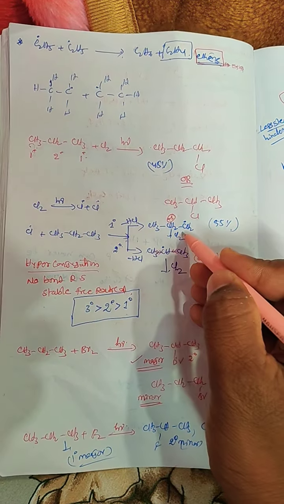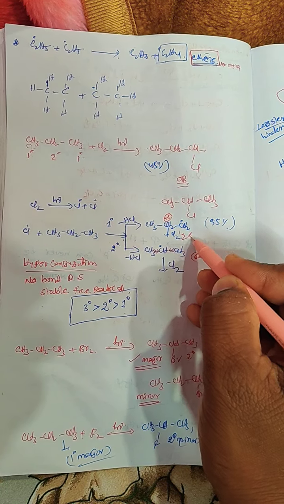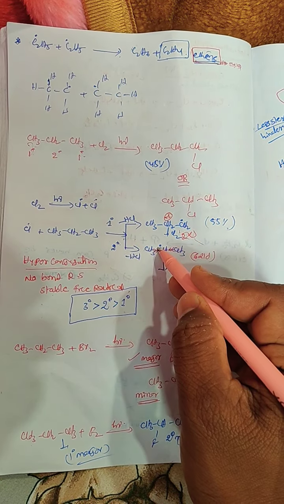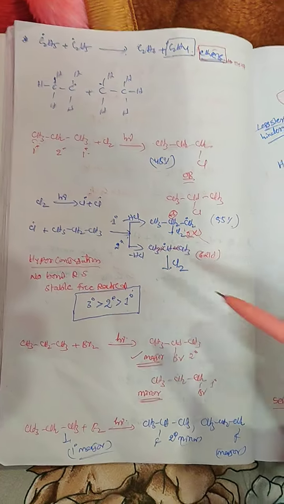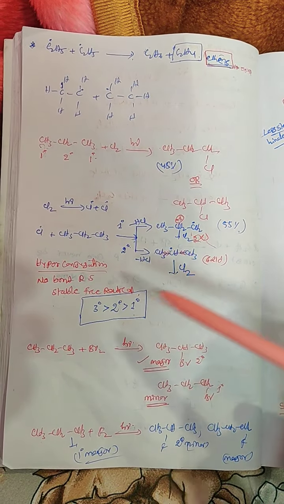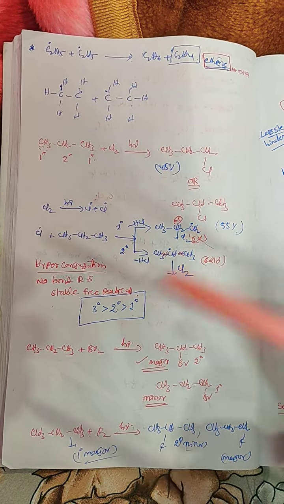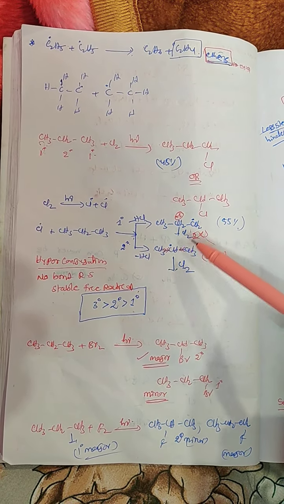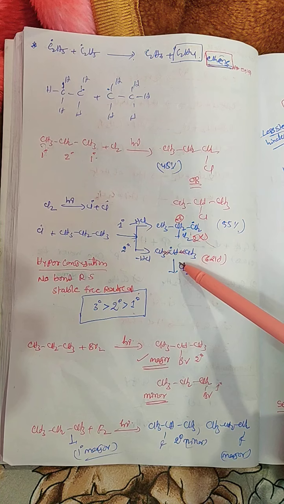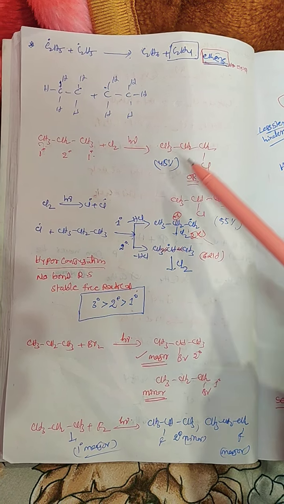According to hyperconjugation, this has 2 alpha hydrogens. If you form the secondary carbon free radical, it will have 6 alpha hydrogens. According to no bond resonance or hyperconjugation, more alpha hydrogens means a more stable free radical. That's why this is more stable, meaning a higher percentage will form compared to this one.